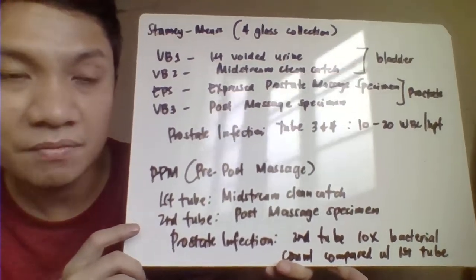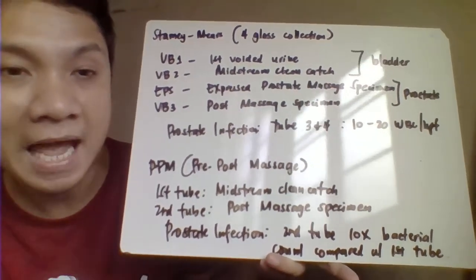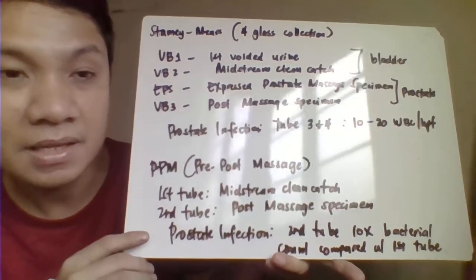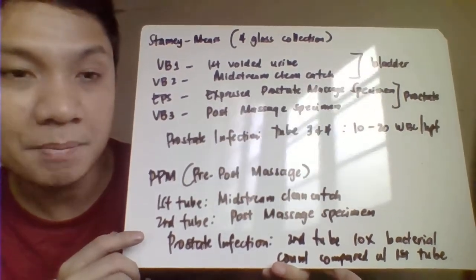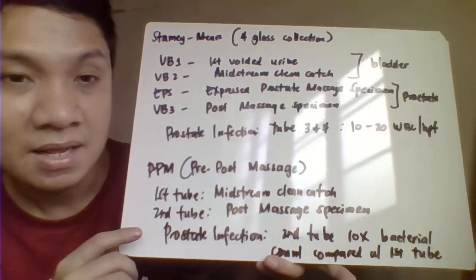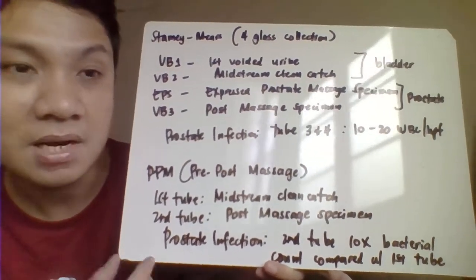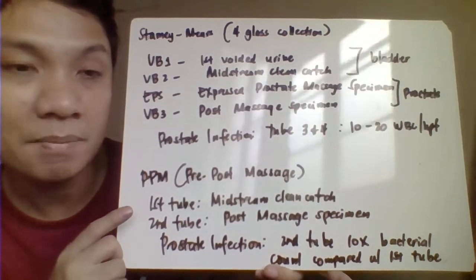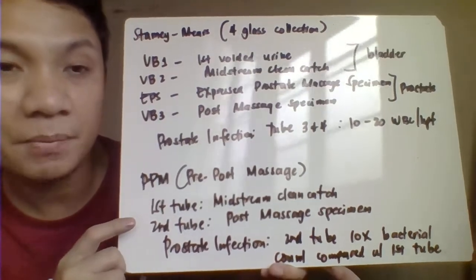For the diagnosis of a prostate infection, your tube number 2 should have at least 10 times higher bacterial count compared to your tube number 1, because again, your tube number 2 represents the specimen from the prostate. So pag madaming bacteria, 10 times more than the bacterial count of your tube number 1, which represents the specimen in your bladder, that would signify a prostate infection.